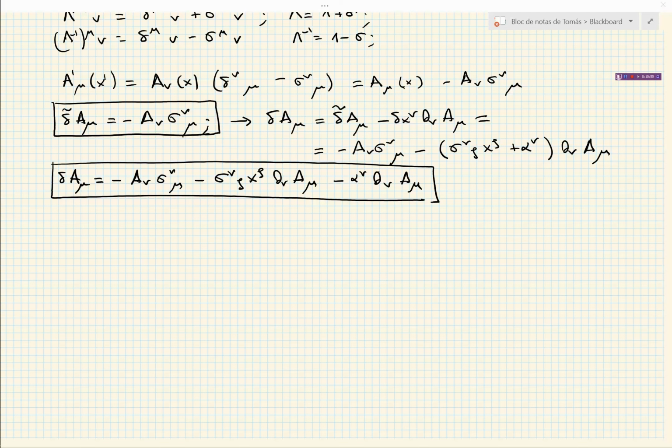Then we have to remember the effect of having gauge symmetry. Remember that the effect is that you have fewer independent equations of motion.